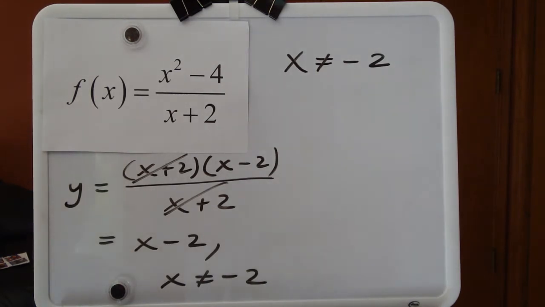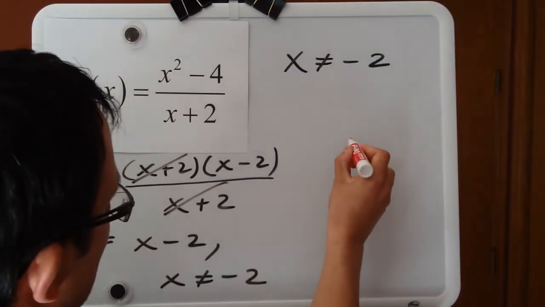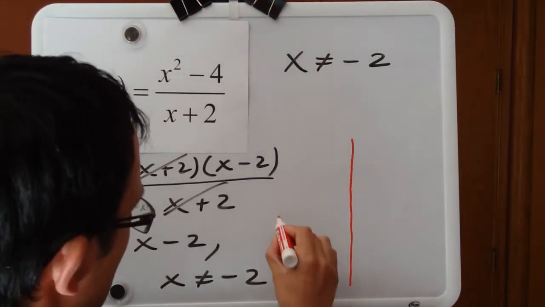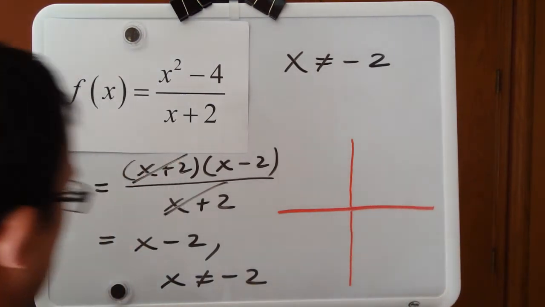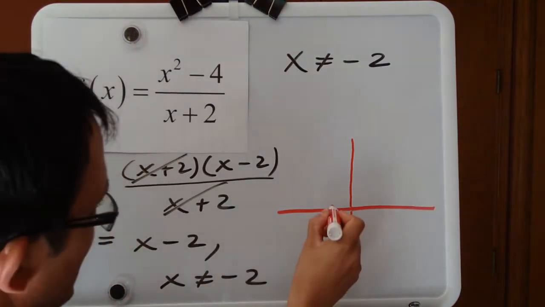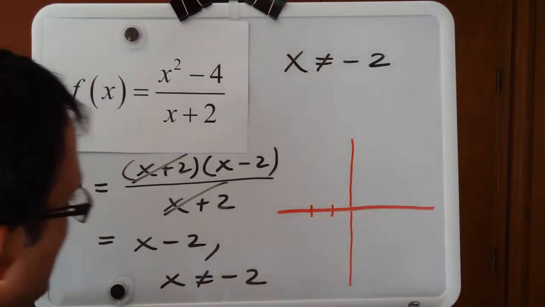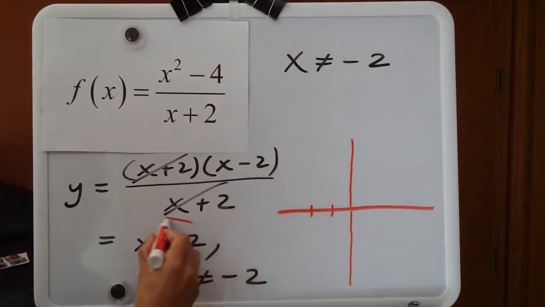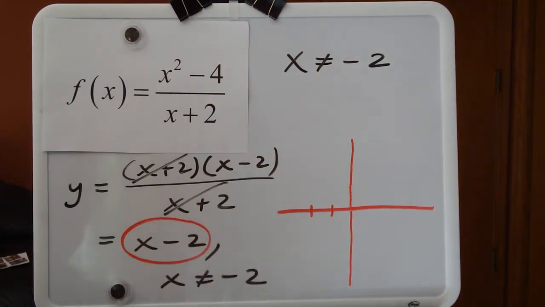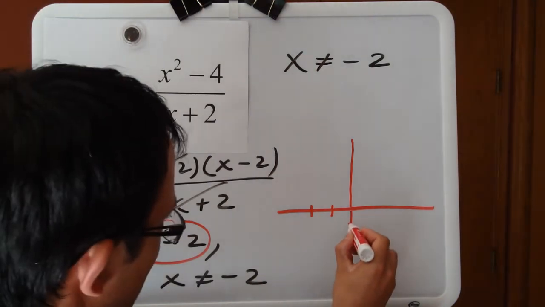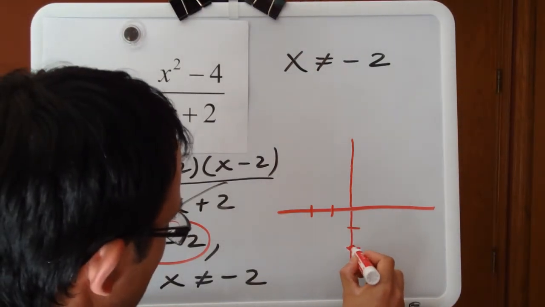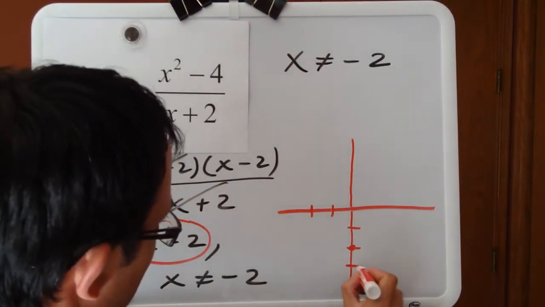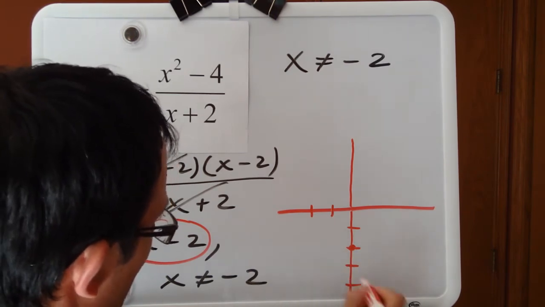So here we still have a discontinuity at x equals -2. And so to look at the graph, this is going to have a discontinuity at -2. So it's going to have a hole there, but otherwise it's going to look very much like a straight line. So we're going to drop down here, and this will be at -2, -4.